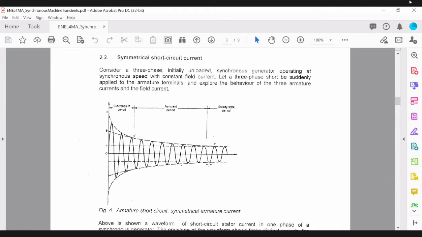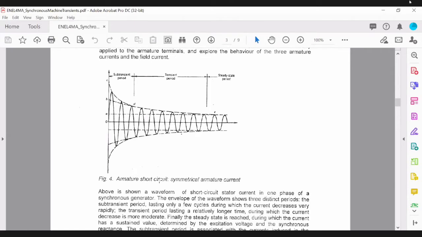In our initial cases that we've looked at in Machines 3, we were working, as you know, with the steady state value. And in some cases, we've looked at the transient reactance, which is looking at the value of B.